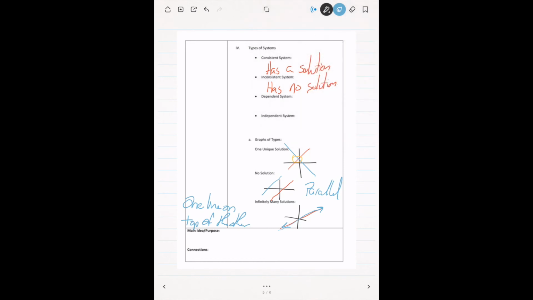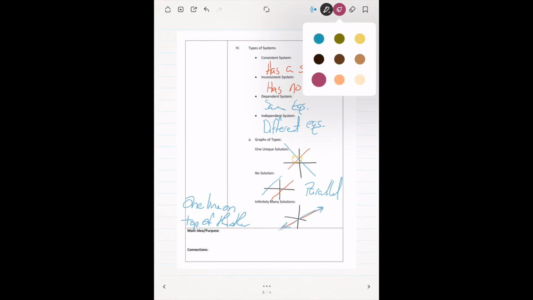A dependent system and an independent system talks about how the equations are related. An independent system basically has different equations. But a dependent system is basically the same equation. They're the same.